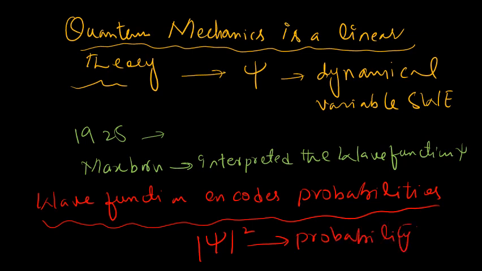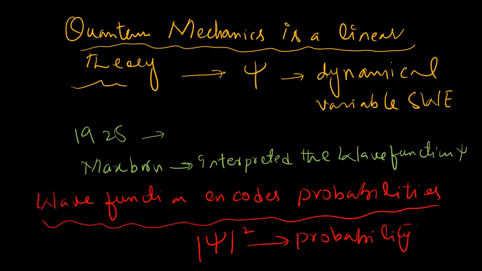So in quantum mechanics we always talk about probabilities. The wave function itself is nothing; whenever we take the amplitude square of the wave function, we can interpret it. The amplitude square of the wave function contains all probabilities about all solutions.